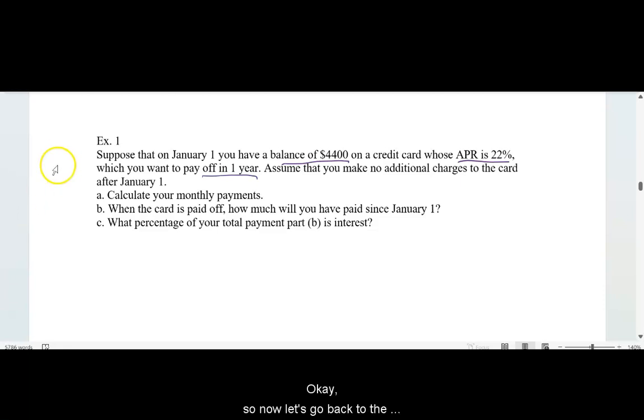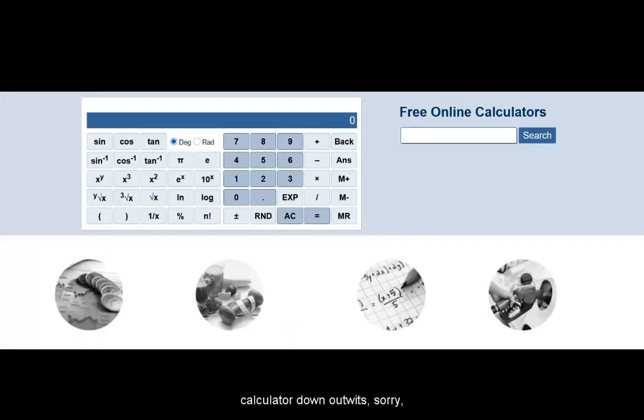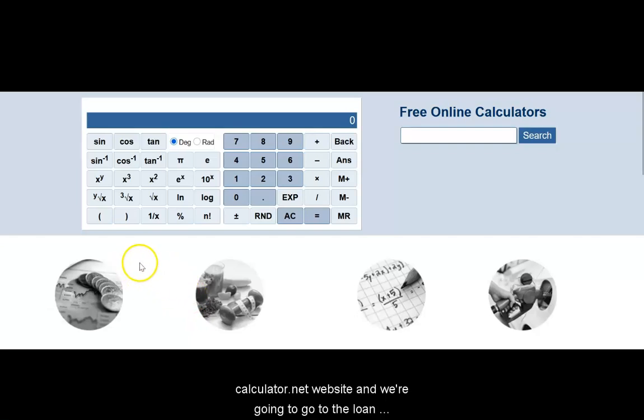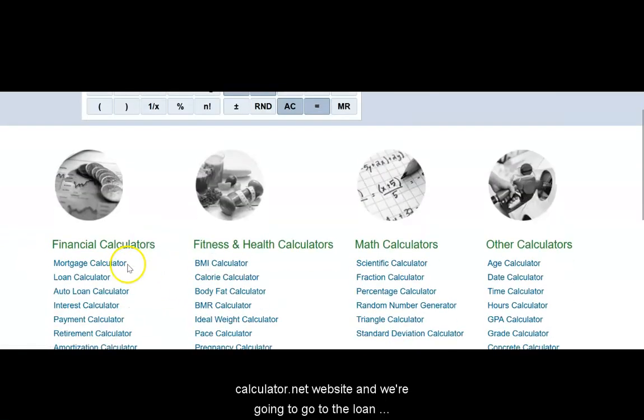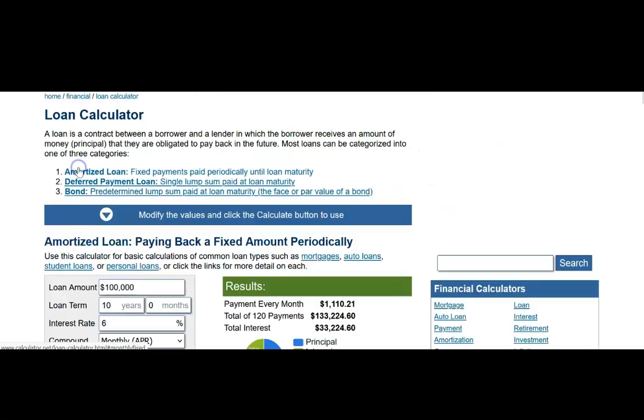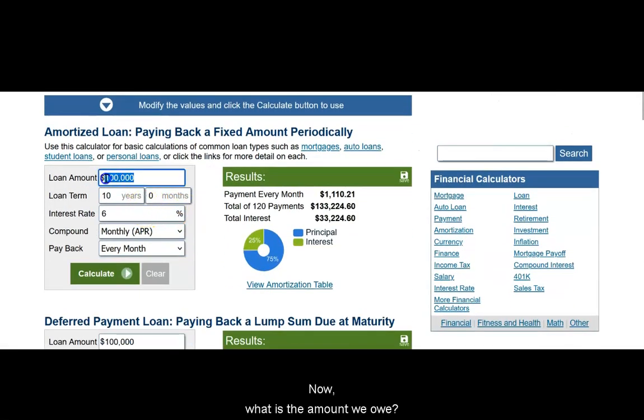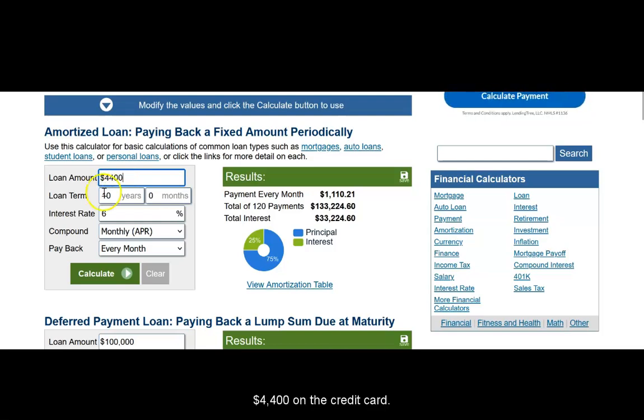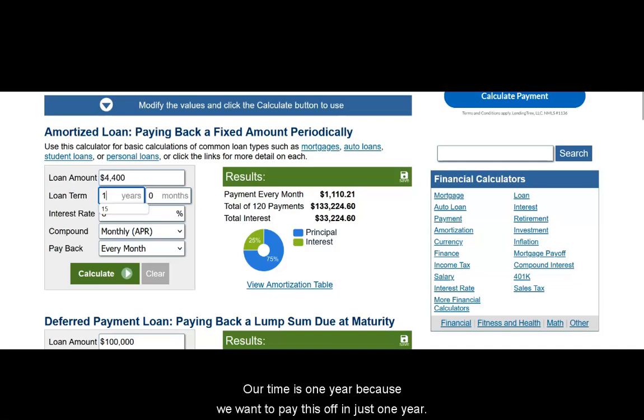Okay, so now let's go back to the calculator.net website. And we're going to go to the loan calculator, which is the one we've been using every time. Now, what is the amount? We owe $4,400 on the credit card. Our time is 1 year because we want to pay this off in just 1 year.